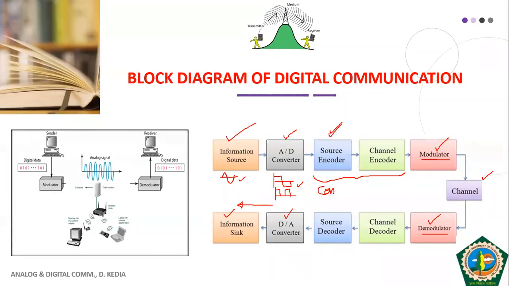Whatever redundancy is present in our digital signal, we remove it so that the signal becomes compact, and we require a smaller number of bits to transmit our original signal. That is the main job of the source encoder. But simultaneously, compactness doesn't mean we can compromise with the information. We cannot remove the relevant information.